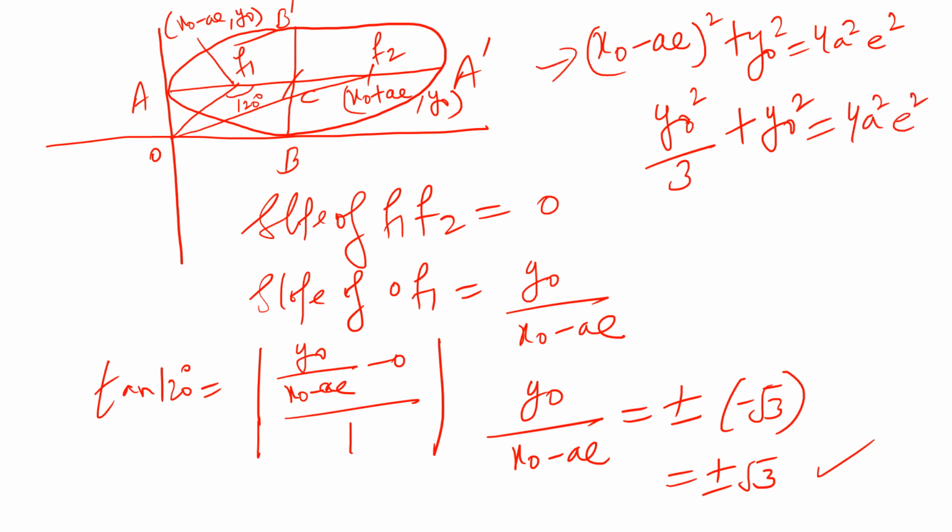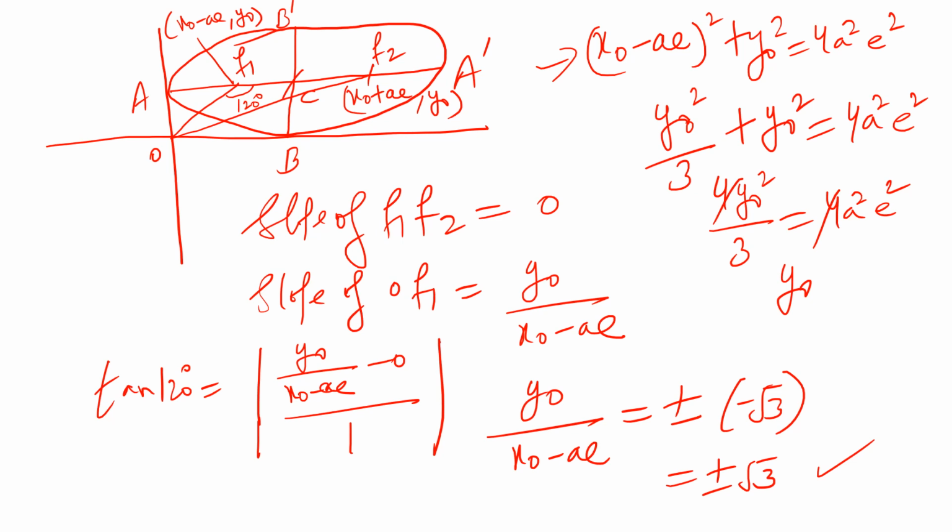That means this one. So this is y naught square upon 3 plus y naught square is 4a square e square, or we can write 4 y naught square upon 3 equal to 4a square e square. So now obviously y naught square is equal to 3a square e square.